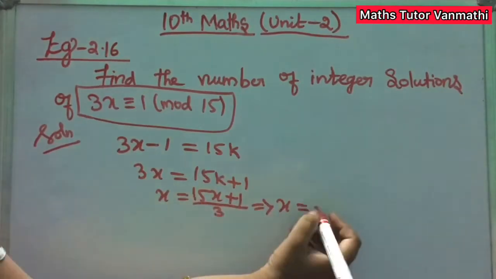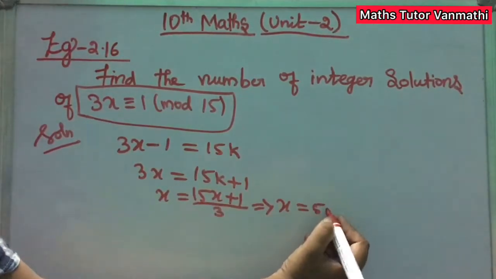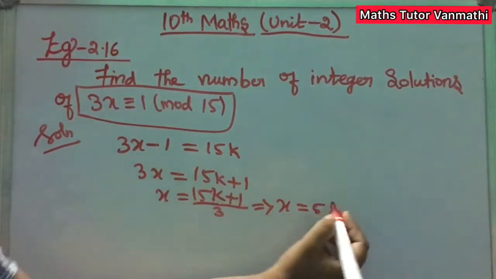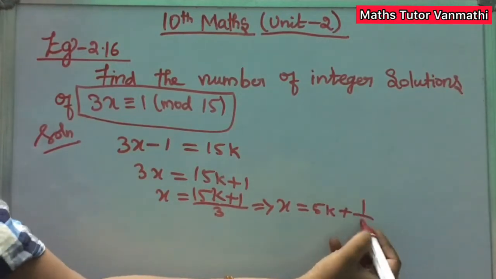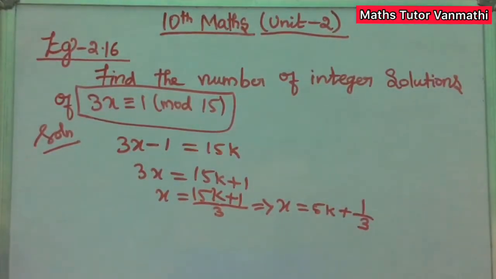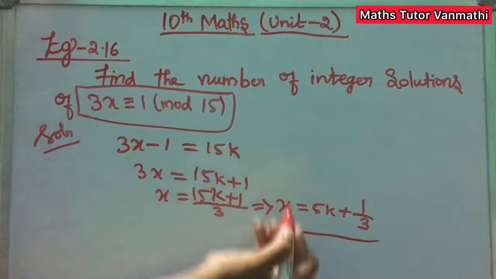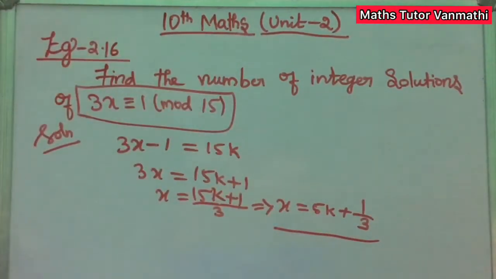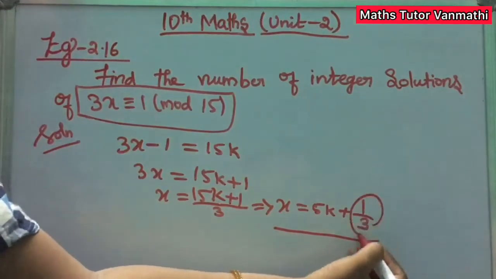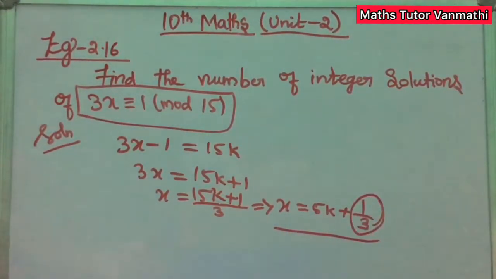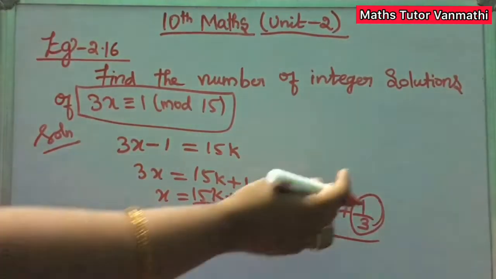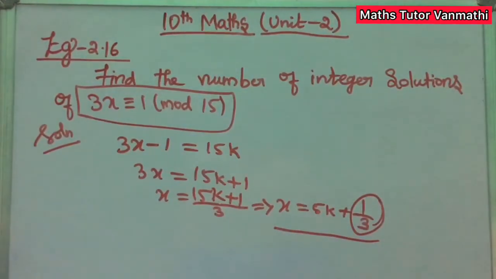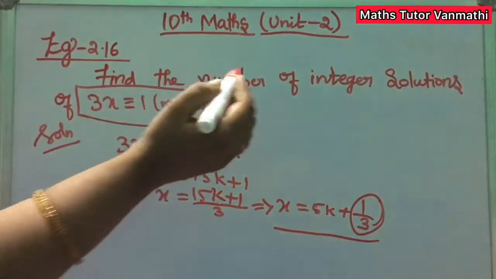and this can be further split into x is equal to, 3 5s are 15, then (5k plus 1) by 3. From this we can easily say this problem has no integer solution, because here you have a fractional part. When you apply k values also you will get values in fractions. But what is our question?